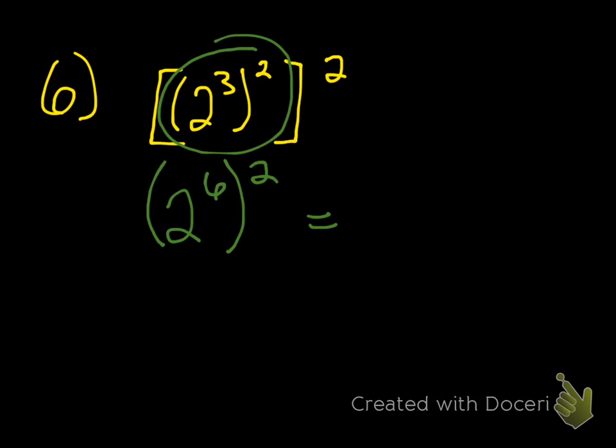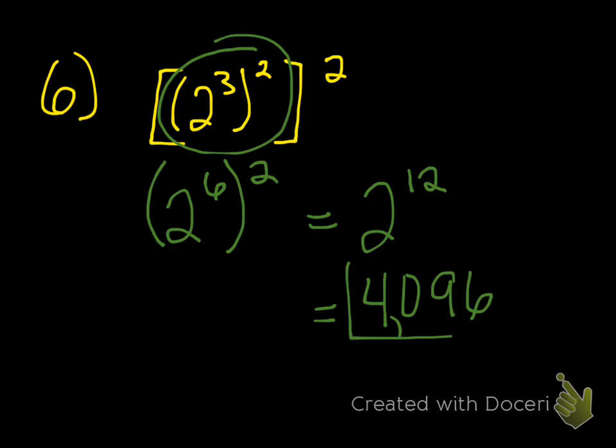So 2 to the 6th raised to the 2nd power is 2 to the 12th. When you figure out what 2 to the 12th is, it is actually 4,096. Okay, so that one wasn't really hard. It's just a matter of knowing what to do first. When you see something that is kind of confusing, just know that you can break it apart and do one part at a time. All right.